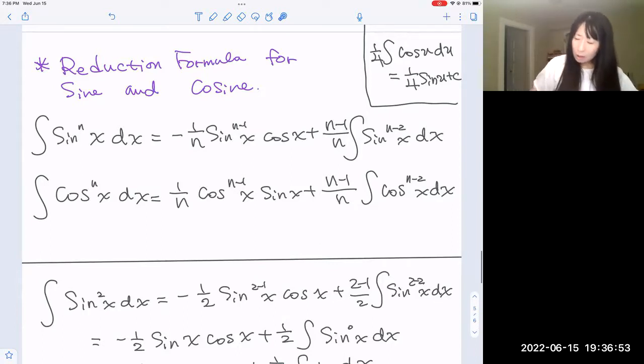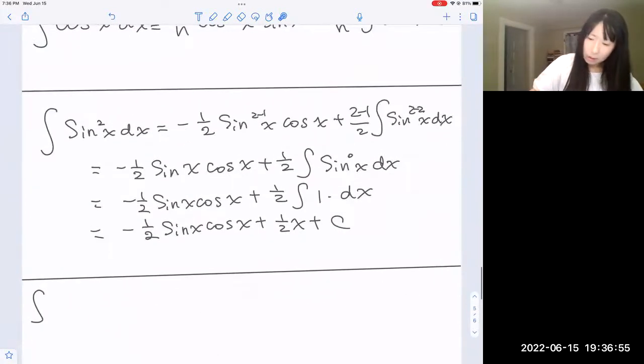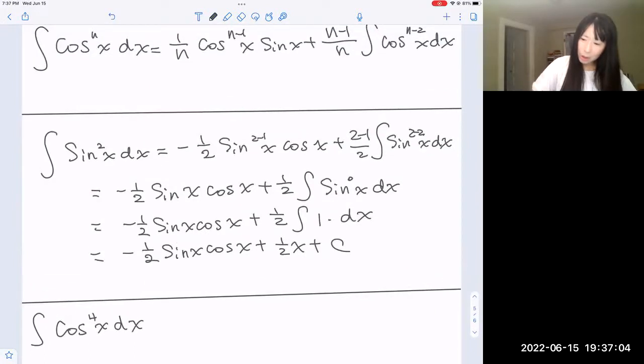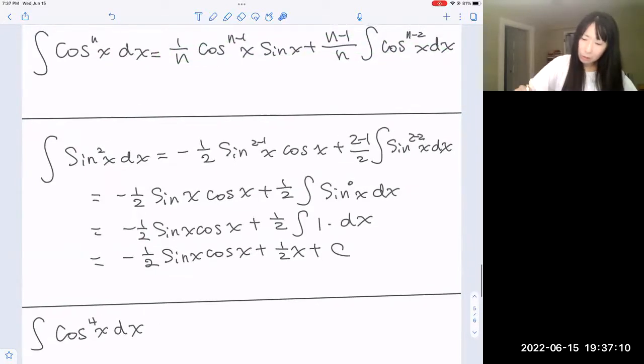Okay. Now we have cosine to the fourth power. This one, I'm using the formula here. I want to move a little bit down so that you can see that.